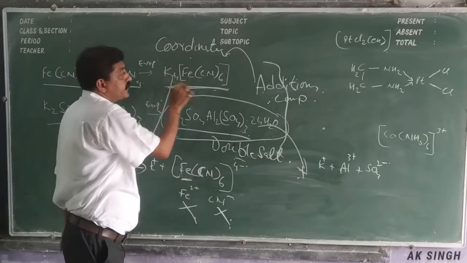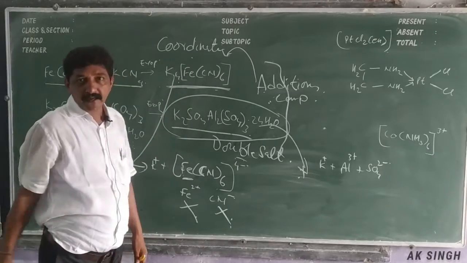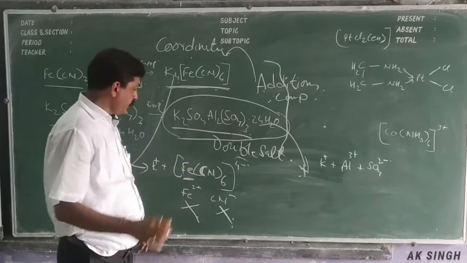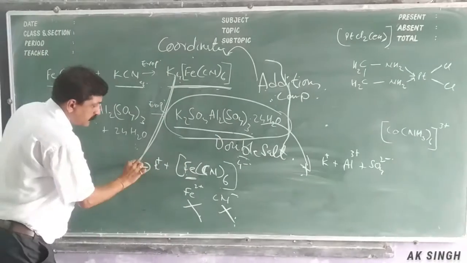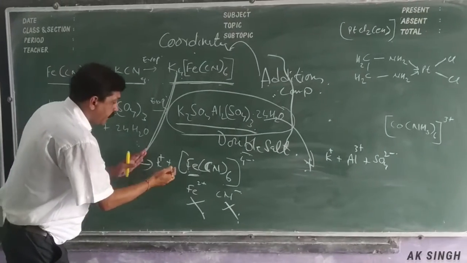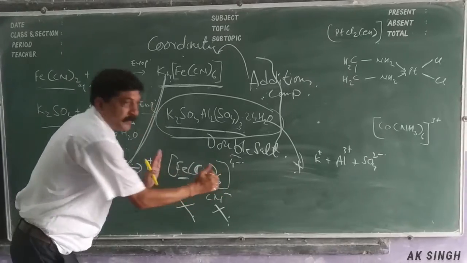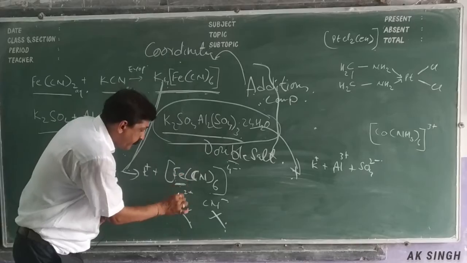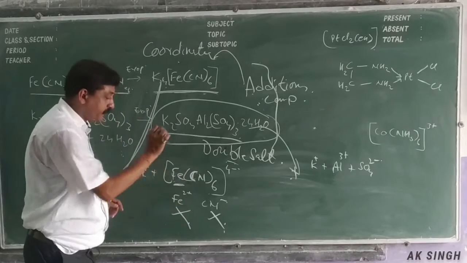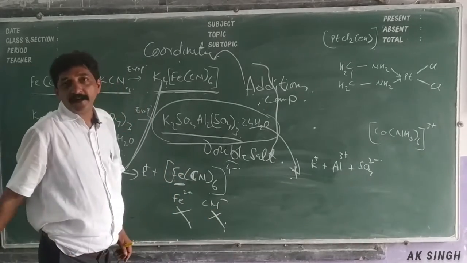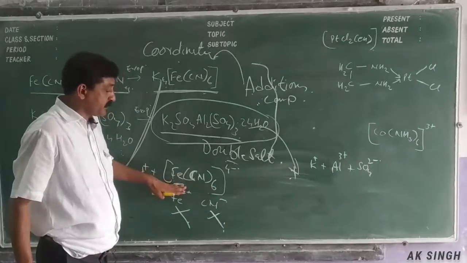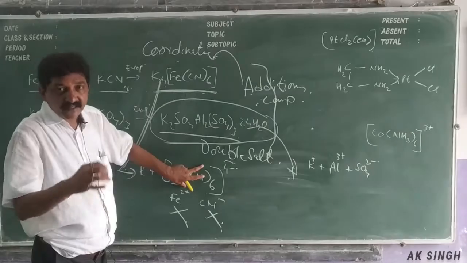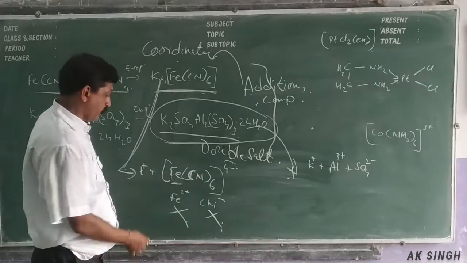Here, if this compound, potassium ferrocyanide, is dissolved in water, then you will get potassium ion and this complex. Now this complex will not give the test for the ferrous ion or the CN negative, due to the complex formation. And the details of that complex formation I will explain later on.